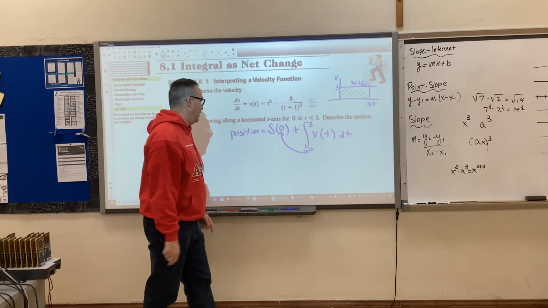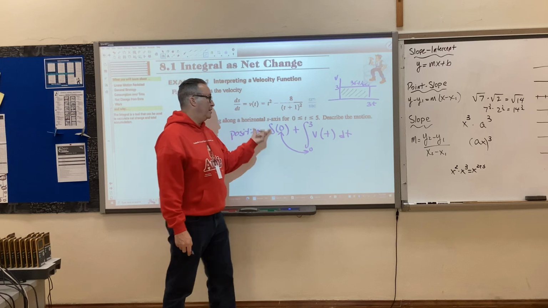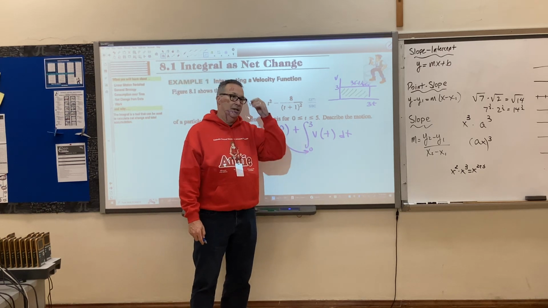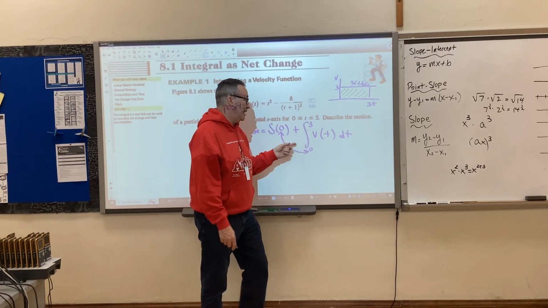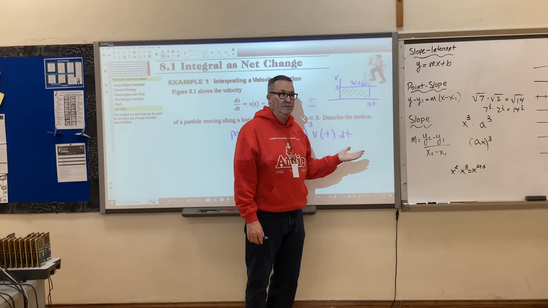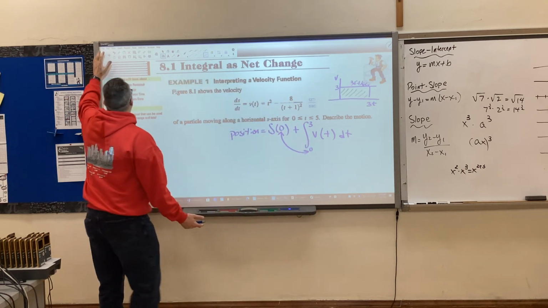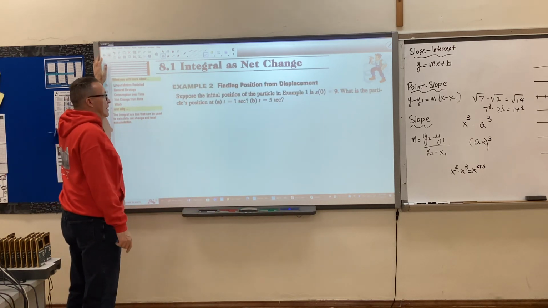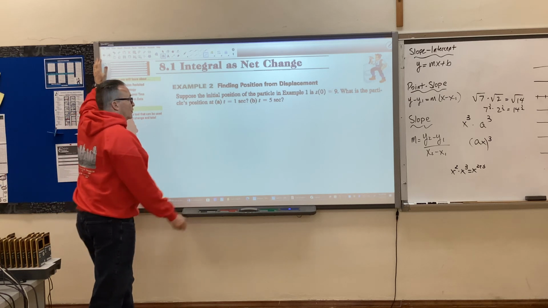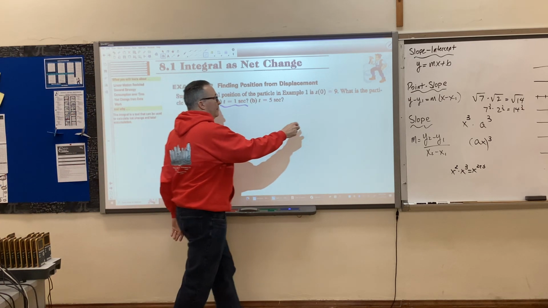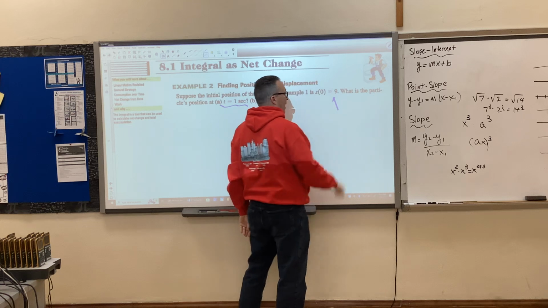Right? That's how to find your position. You need the initial position and then the displacement. The displacement you find by integrating the velocity function. So this question asks, what's the position at time equals 1 if the initial position is 9?